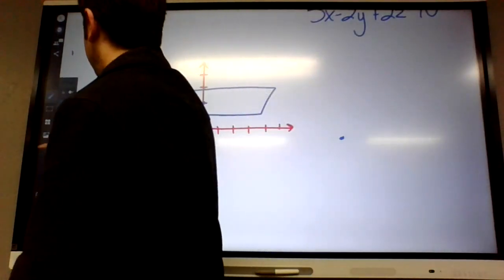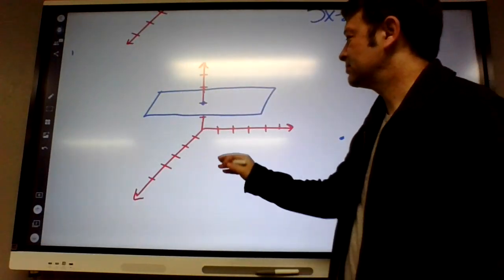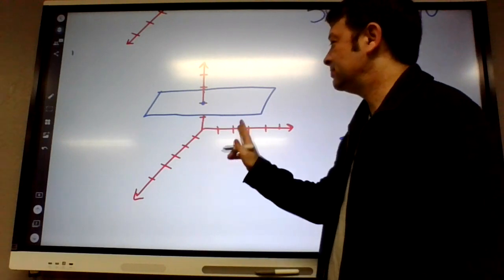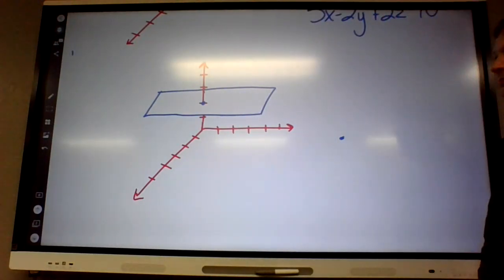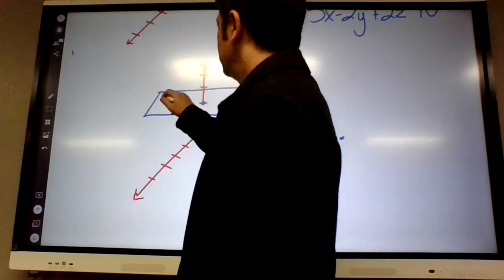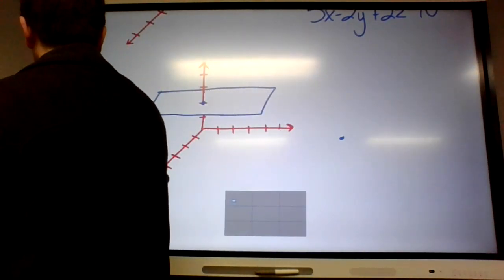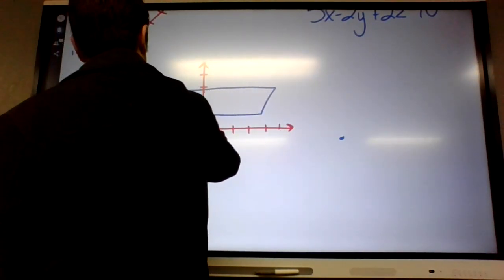It shouldn't cover right there. I need to shade it in. Yeah, I guess. Sure. No. Didn't work.